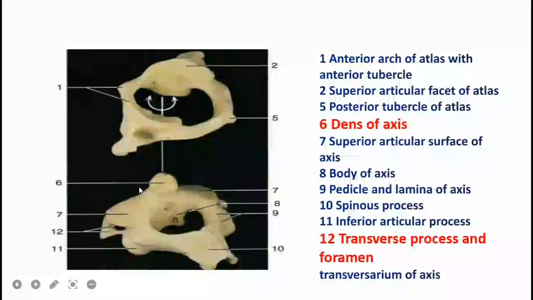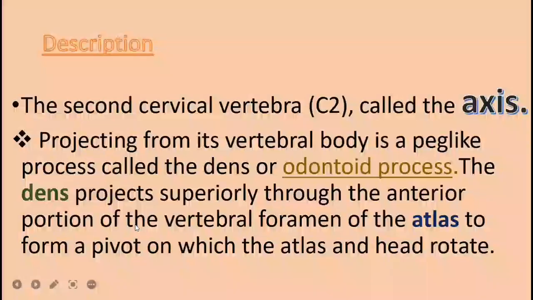Then we have 6, the dens or odontoid process of the axis. 7 is the superior articular surface of the axis. 8 is the body of the axis. Then 9 is the pedicle and lamina of the axis. Then 10 is the spinous process. And 11 is the inferior articular process. Then 12 is the transverse process and foramen.